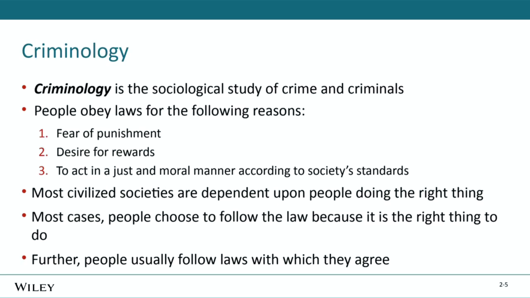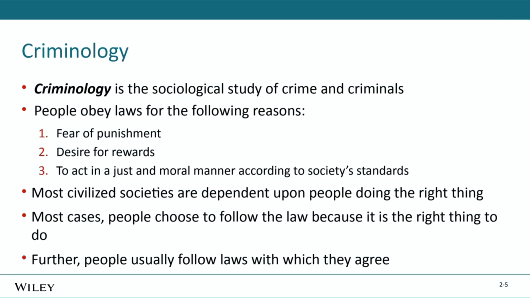All right, so let's look at that first one. Criminology is the sociological study of crime and criminals. Why do people obey the law? Very often it's for fear of punishment or desire for rewards.